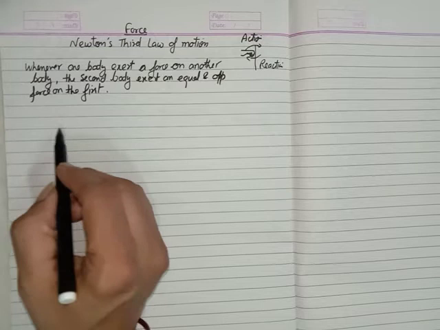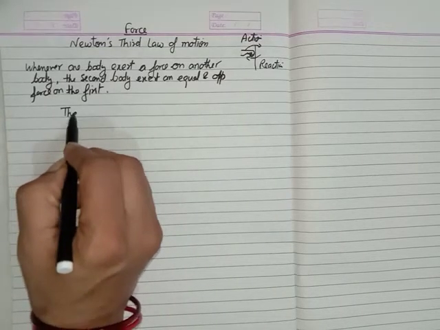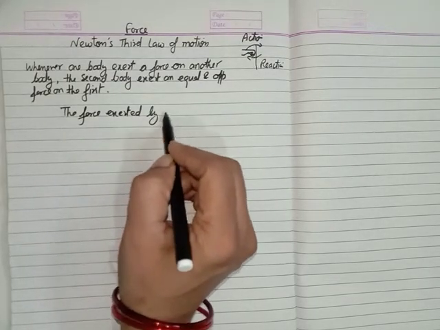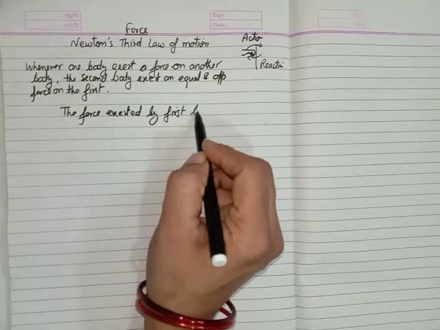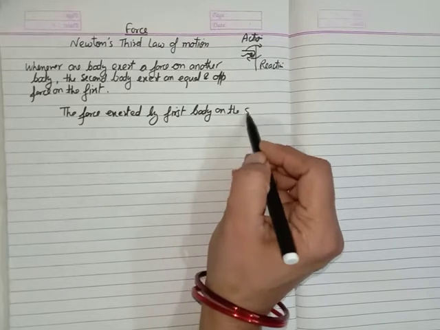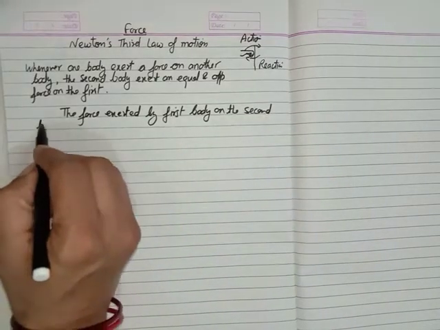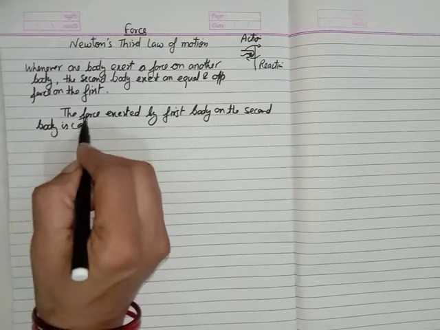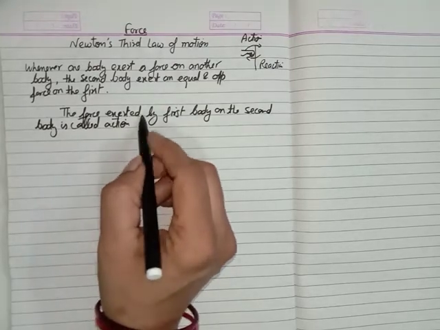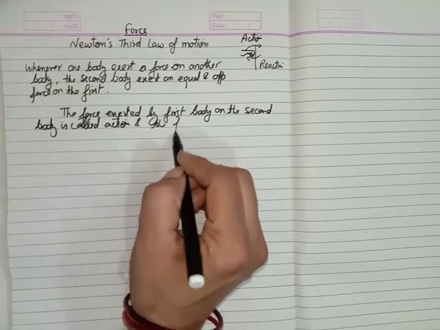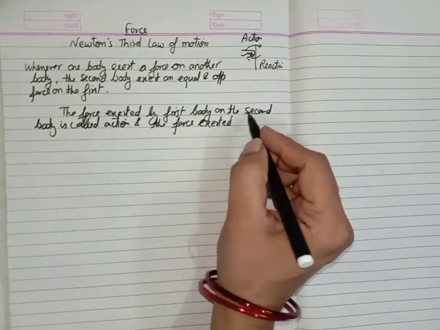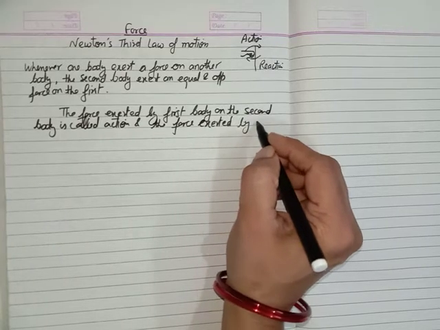So we can say the force exerted by the first body on the second body is called action, and the force exerted by the second body on the first body is called reaction.